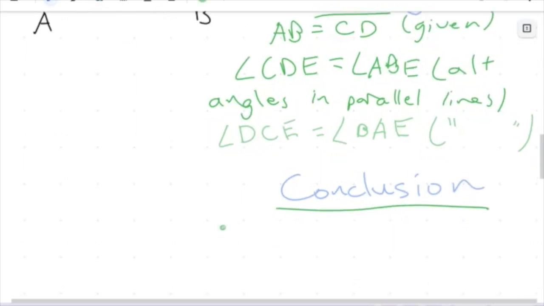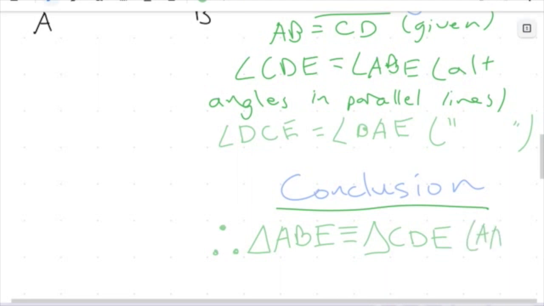So I'm saying, therefore, that's what these 3 dots mean, triangle ABE is congruent, remember, that's like this triple equal sign thing here, to triangle CDE. And that is congruent because they have 2 common angles and a common side.